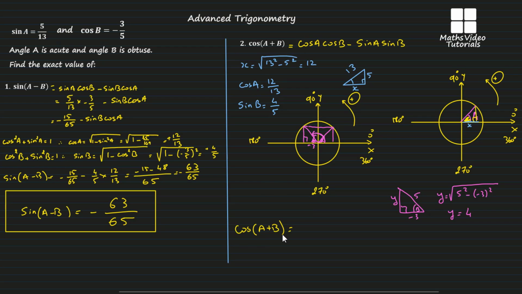So cos(A + B) is going to be cos A, this one here, 12 over 13, times cos B, given here, minus 3 over 5, minus sine A, which is given here, 5 over 13, times sine B, which is 4 over 5.